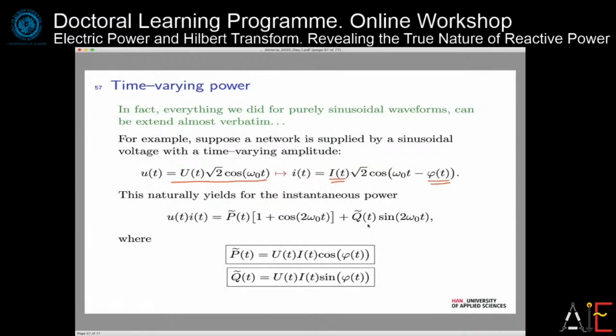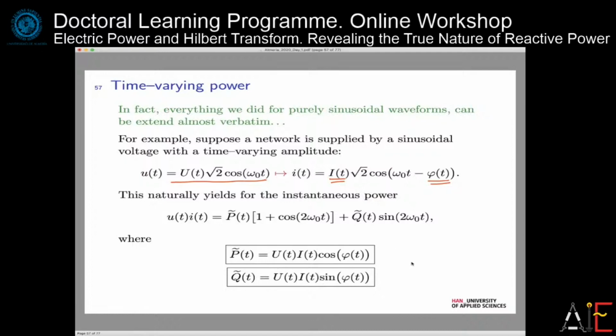Then you can just redo the math, but essentially you just put the time dependence of t everywhere, like what we did before, and then I get this expression, in which the time varying real power and the time varying imaginary power are given by these expressions.